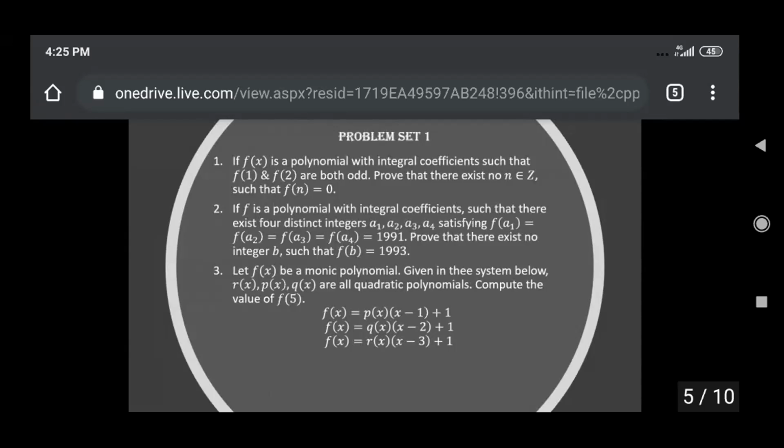Yes, Nikhil. Is everybody able to solve the second question? You can tell by chat.